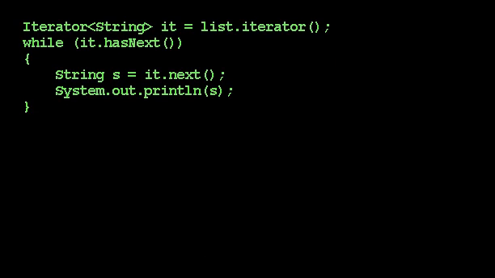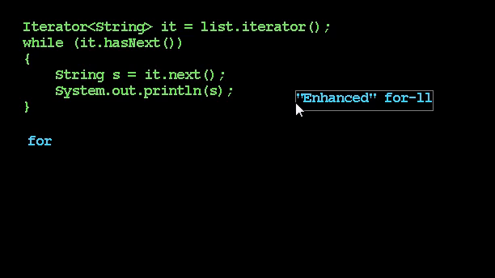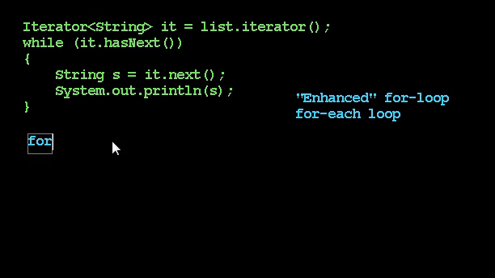There's a somewhat beautiful shorthand in Java for writing this code, and it involves using a for loop. This is sometimes called an enhanced for loop, or some people call it a for each loop, and it looks like this.